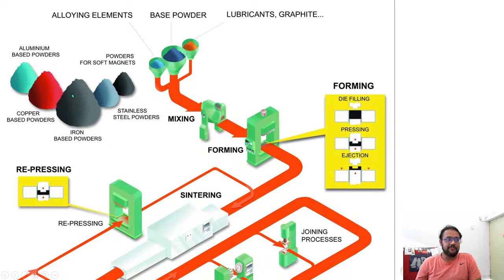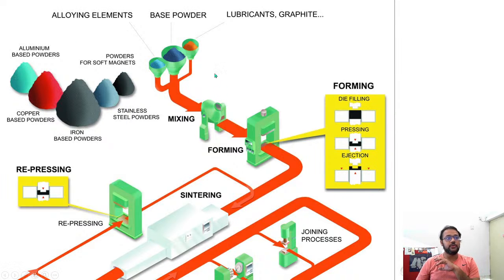Having this in separate powder form makes it much easier for the engineers and the production people to accurately mix the different metals and different compositions together to get certain properties in the final part.